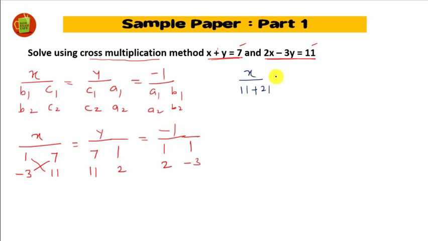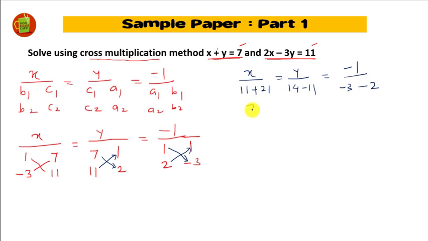Which is equal to y upon, we multiply these two and subtract the product of these two. So 7 twos are 14, 14 minus 11. Now we multiply these two and subtract the product of this, so it will be minus 3, which is equal to minus 1 upon minus 3, and minus 2 ones are 2, so it will be minus 2.